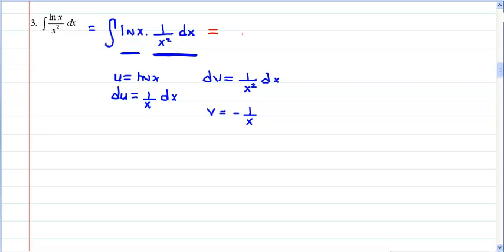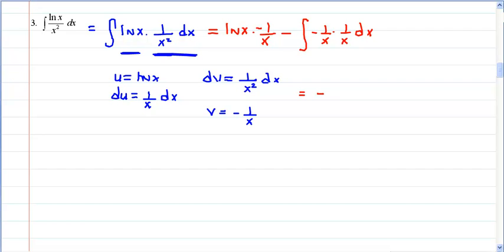And now if I substitute these four expressions into the integration by parts formula, starting with u times v, I have the natural log of x times negative 1 over x, and then minus v du, which is the integral of negative 1 over x times 1 over x dx.